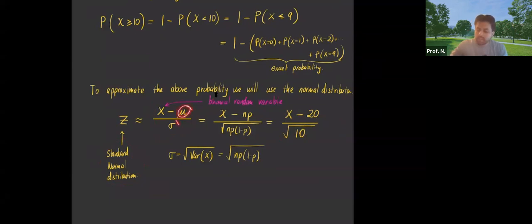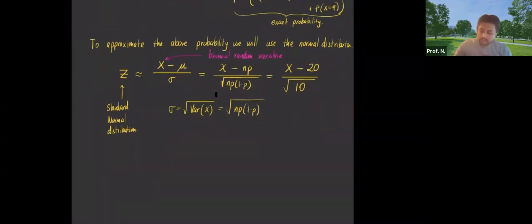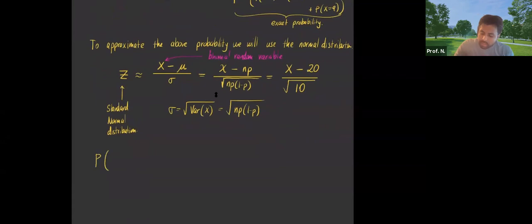So the mean and standard deviation are given by the mean and variance information that we know of binomial random variables. Now let's go back to what we wanted. We want x to be greater than or equal to 10, which is the same thing as saying 1 minus the probability that x is less than 10, right?